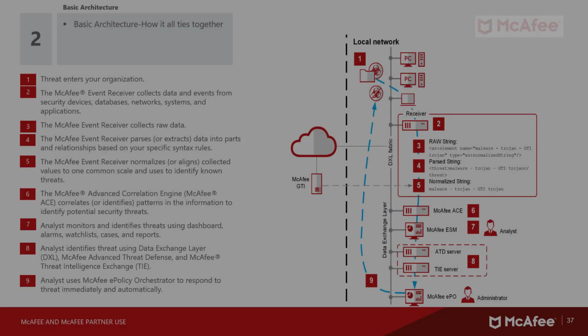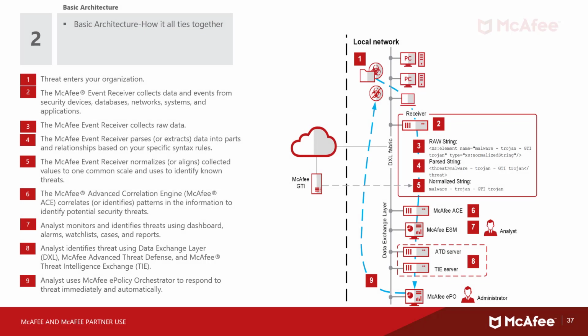So for this example, we have a PC that opens up a malicious file or executable, and that's designated at number 1. From there, it is triggered in an event, and then the event is sent to the receiver.